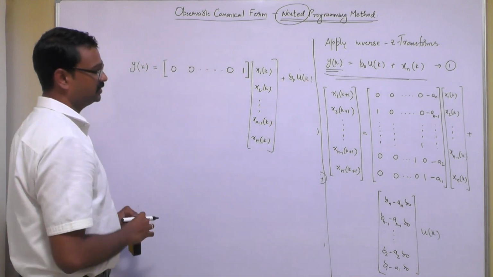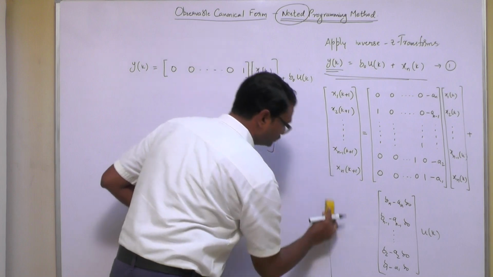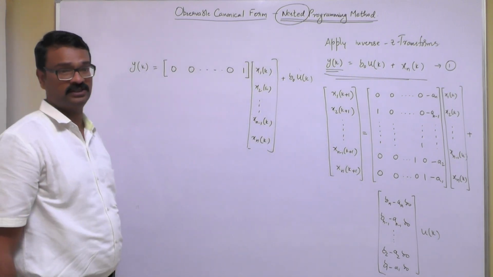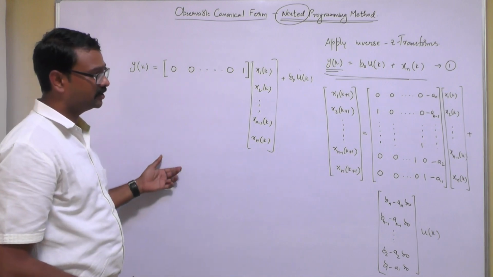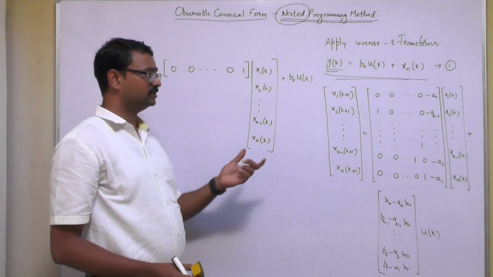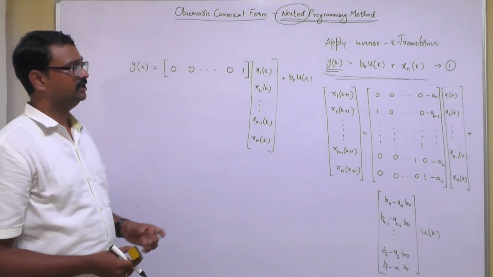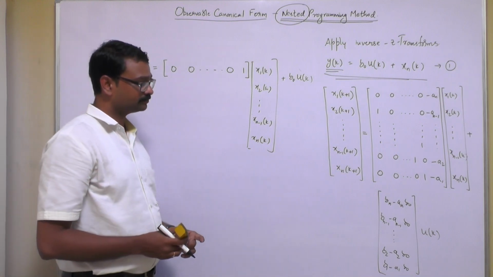So these are the state equations of the state space representation of the observable canonical form of a discrete time system, which is using the nested programming method. We call this nested programming method because we are using z inverses in many stages in between, and we are trying to utilize it to get this equation.